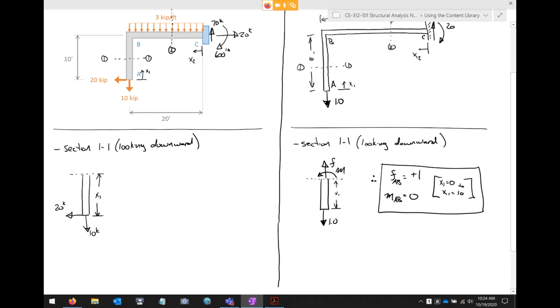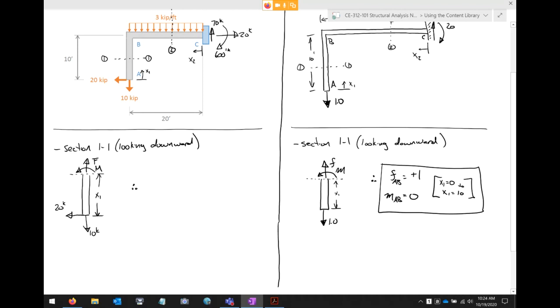All right. Again, be consistent in your sign conventions. So I drew F up. F needs to go up. I drew M as counterclockwise. M needs to be counterclockwise.